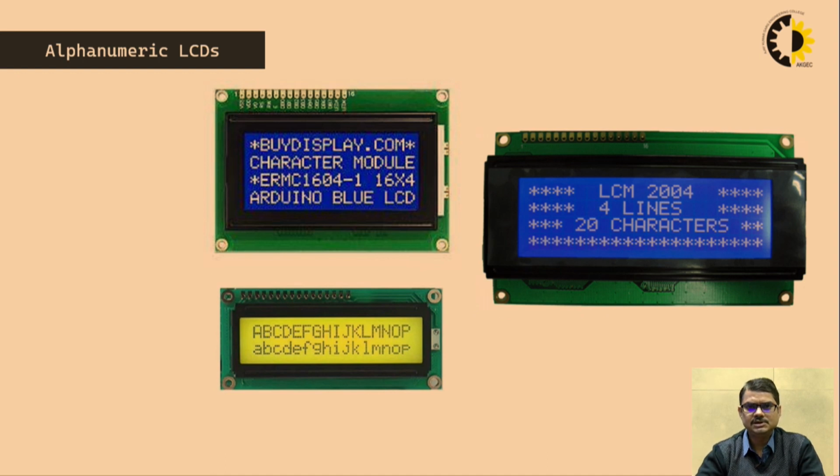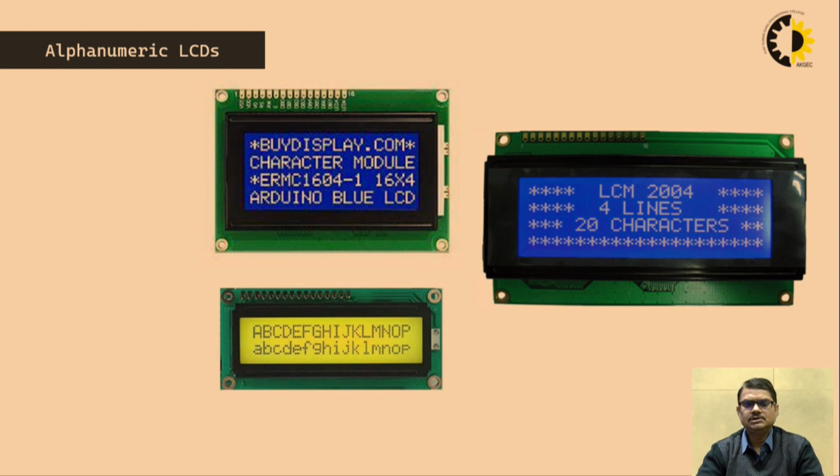Alphanumeric LCD displays are very common in embedded system projects or microcontroller based projects nowadays. They are common because of their low cost and their refreshing controller which is embedded onto that LCD panel.